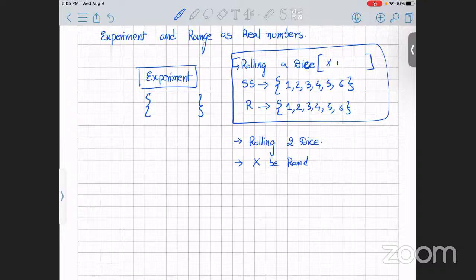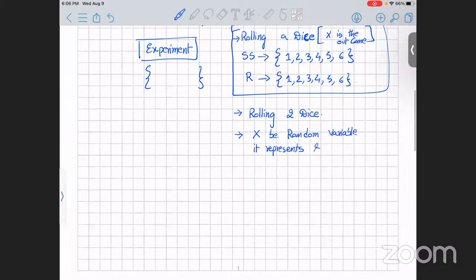Here x is the outcome. X is a random variable that represents the sum of the outcomes of 2 dice.